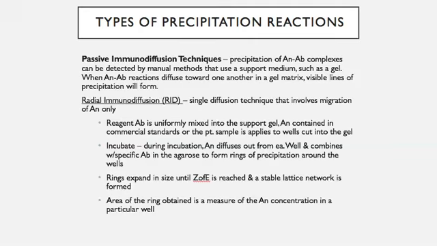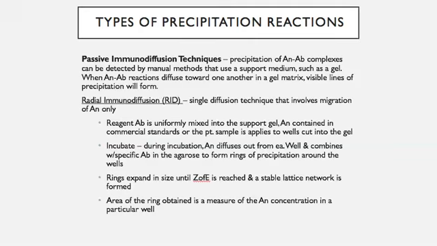Then the antigen that's contained in either a commercial standard or the patient sample is applied to wells that are cut into the gel. Then there's an incubation step. So during that incubation, you've got the antigen that diffuses out from each of those wells and combines with the specific antibody that's in the agar to form rings of precipitation around the wells.